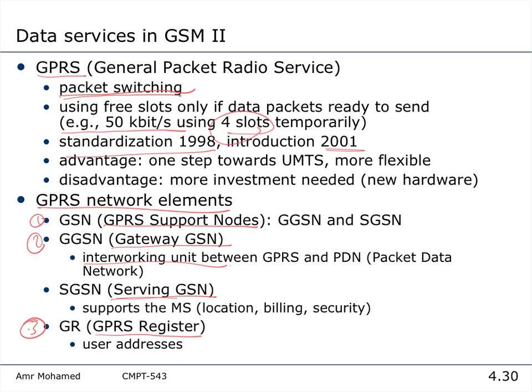Of course, the IP assigned to the mobile stations is a private IP. So the mobile stations in a specific network or a specific location area get assigned a private IP, which means that part of this gateway's job, in order to communicate with the outside, is to convert from private IP to public IP. So this is the function of the gateway. It changes from private IP to public IP in order to communicate to other nodes on the internet.